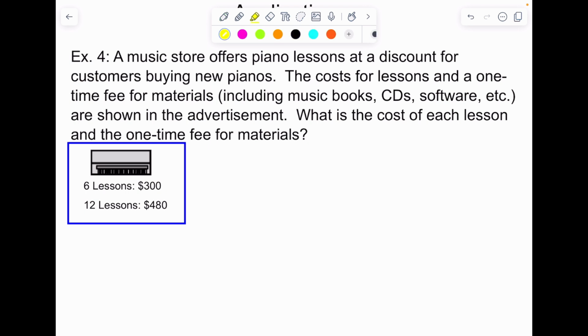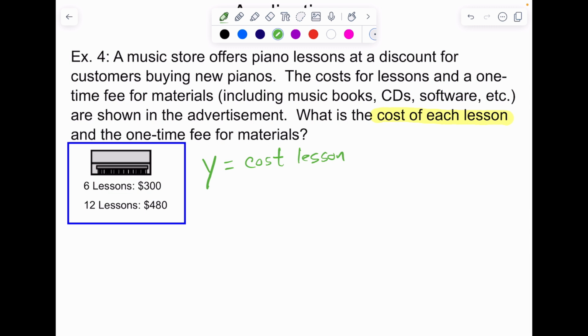Now, my biggest suggestion is always to not only read the word problem a couple times if you have to, but always immediately identify what you're solving for and label. So I noticed here that they're asking for the cost of each lesson, which I'm going to call Y, the cost of each lesson.